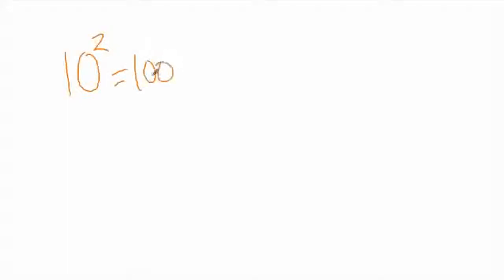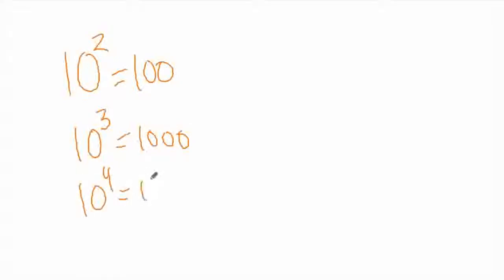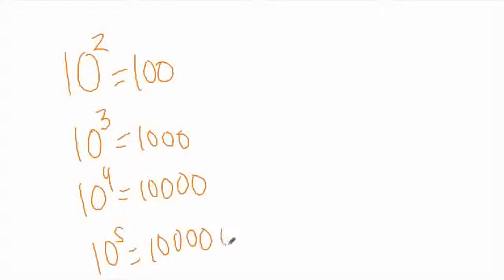If you work out a few problems with a base of 10, you'll notice that the answers come out very simple and nice. You should be able to see a pattern. The pattern is that the number of zeros in the answer is equal to the exponent.